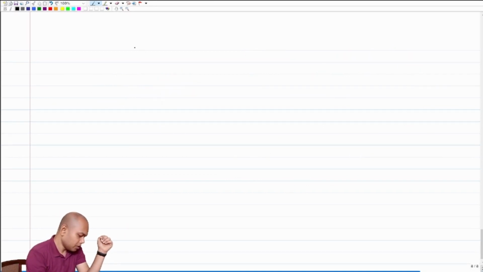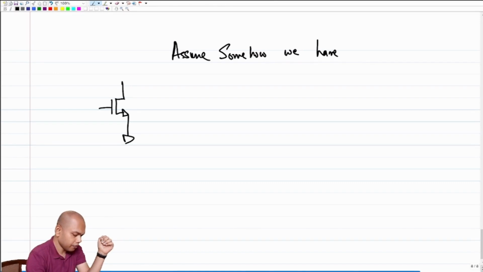So let's say somehow I have given you a current source, and somehow I have ensured, so let's assume somehow we have ensured a fixed current through M1.